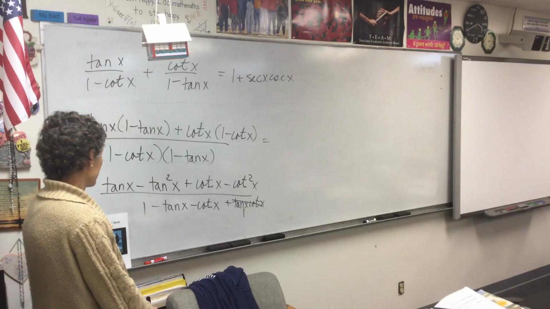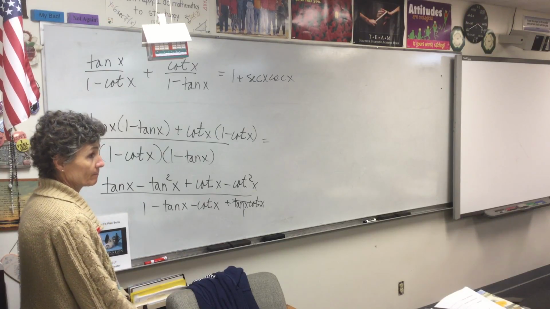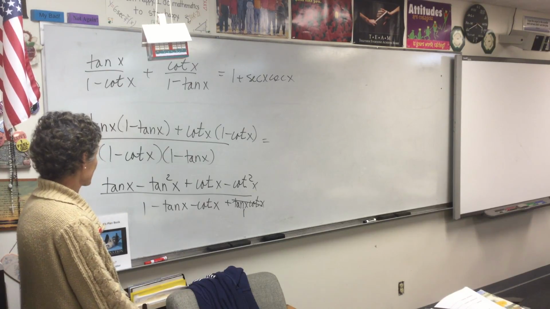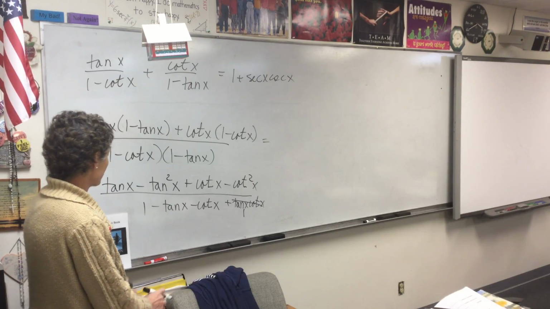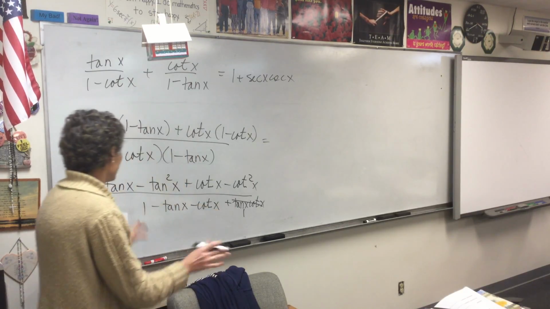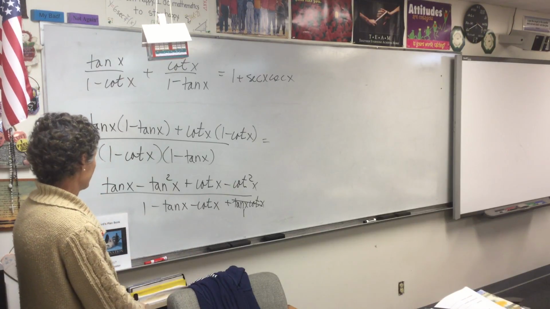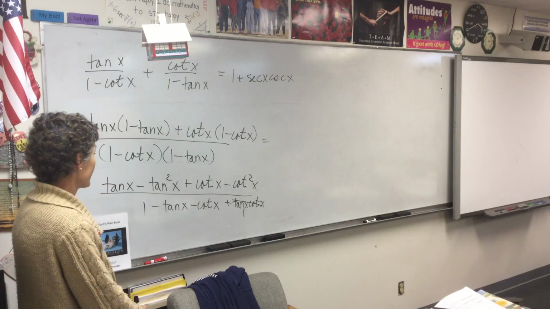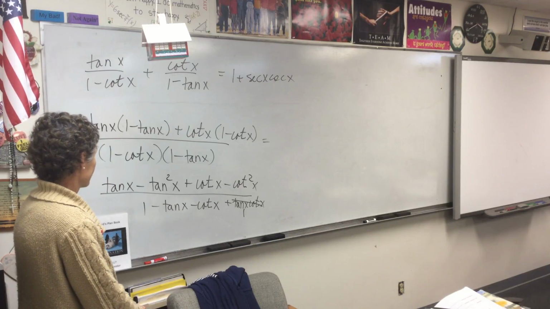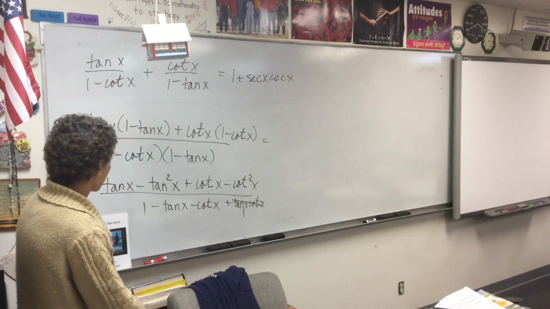Okay, you guys got me into this mess. What now? I could add the 1s and make it 2, but what am I doing here? You can't cancel anything. If you can't factor, you can't cancel.